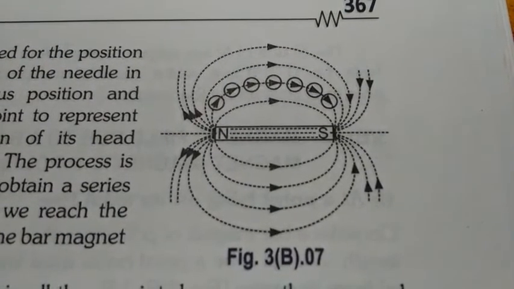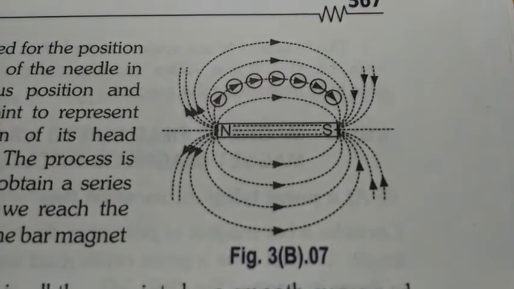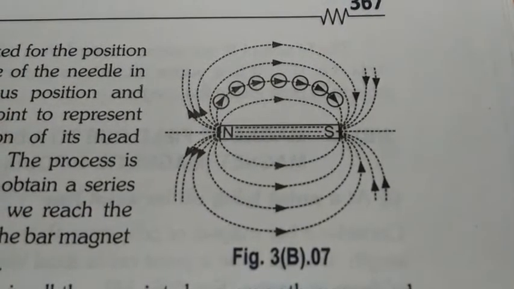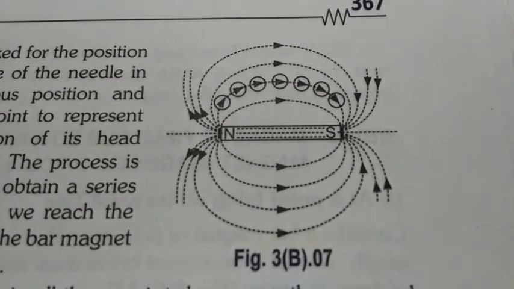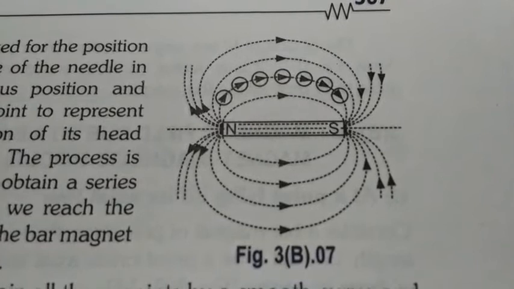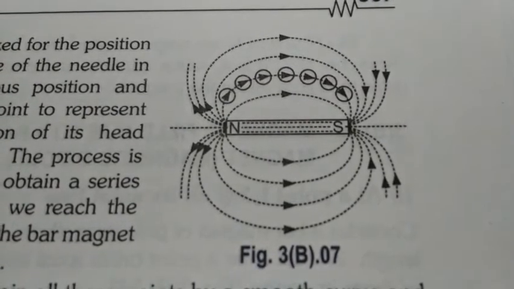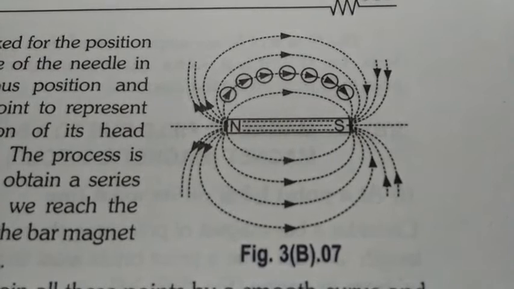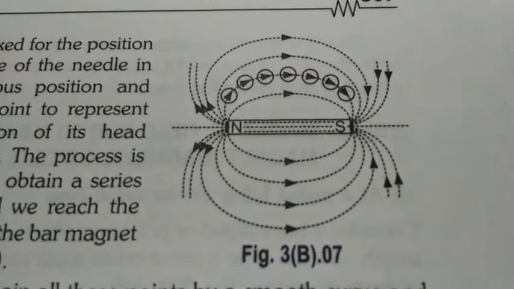So the north magnetic pole of Earth is actually the south geographical pole, and vice versa. Here in the bar magnet, the magnetic field lines come out from the north pole and go into the south pole. So in case of Earth, what will happen?